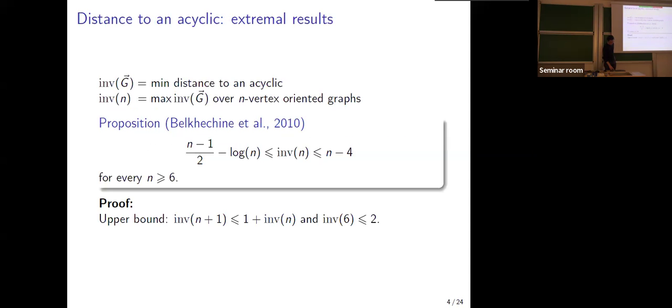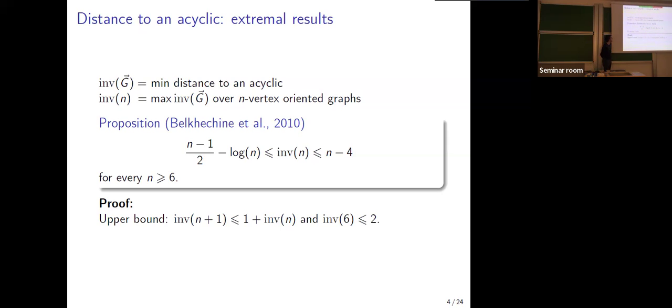So let's start with the first question. How to make an oriented graph acyclic? We mostly look at the maximum value of this parameter that I call the inversion number of G, which is the minimum distance to any acyclic orientation. I will look at the maximum of this parameter over all n-vertex oriented graphs.